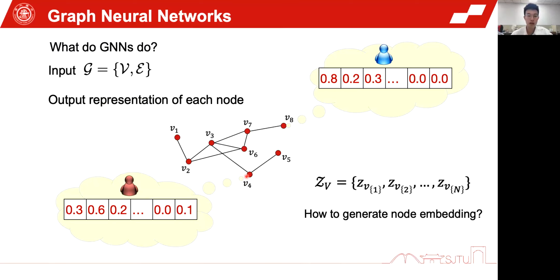If we have two node embeddings, we can predict whether there should be a link between them. If we have a lot of node embeddings, we can judge whether those nodes belong to the same community in the graph. So the node embeddings are so important, but the question is how do we obtain them?